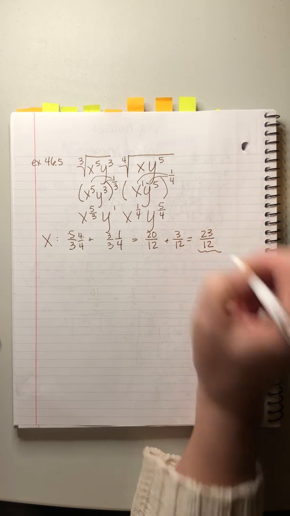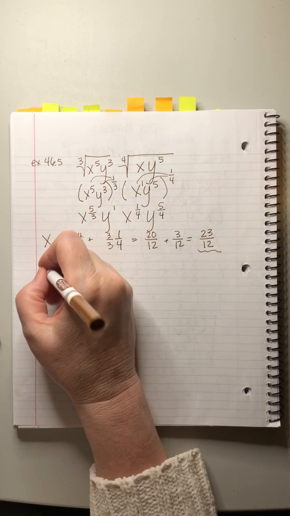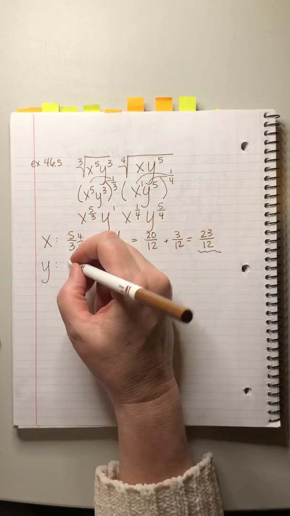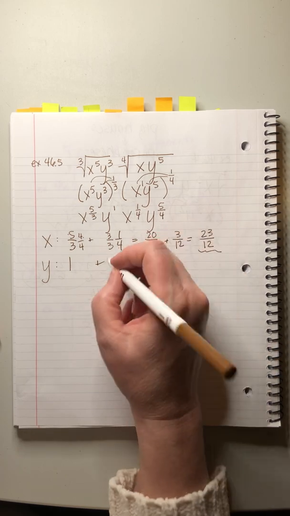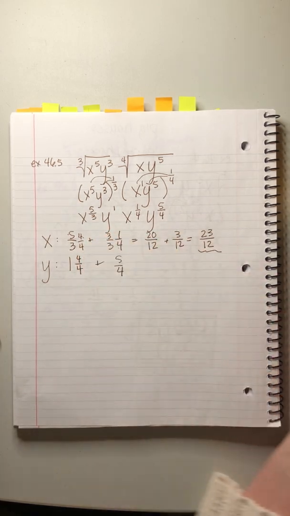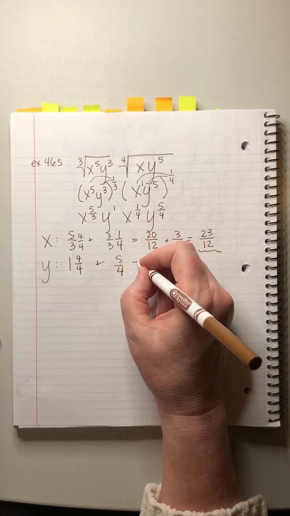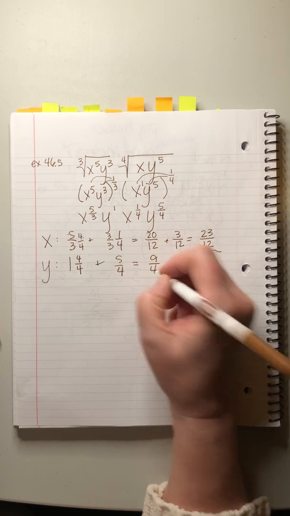That's a tongue twister. And for the y's, it's 1 plus 5/4. Okay, these are easy to fix, right? We can just convert that to 4/4. So then we get 9/4.